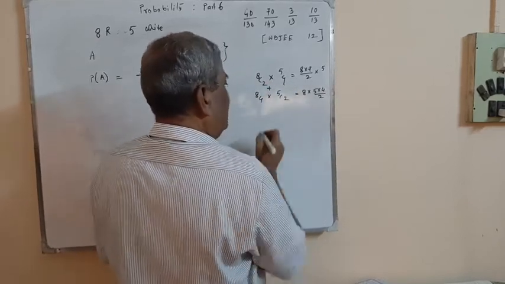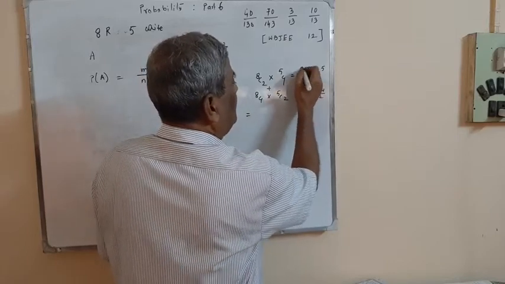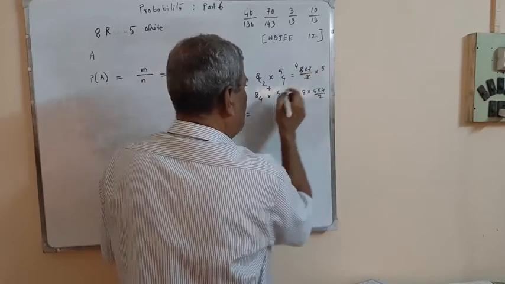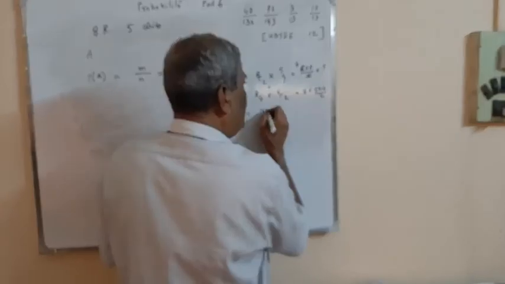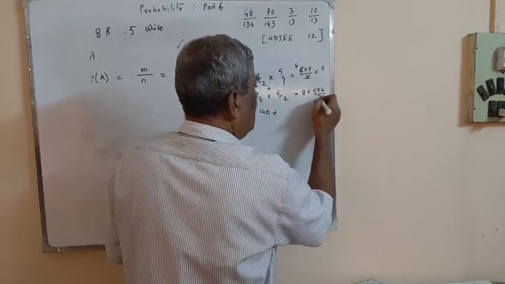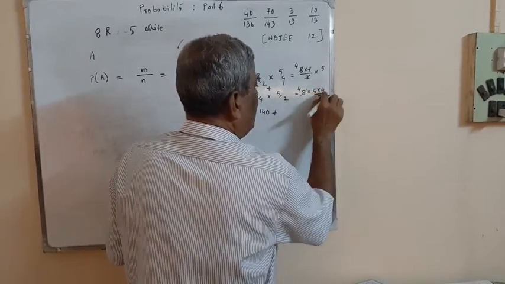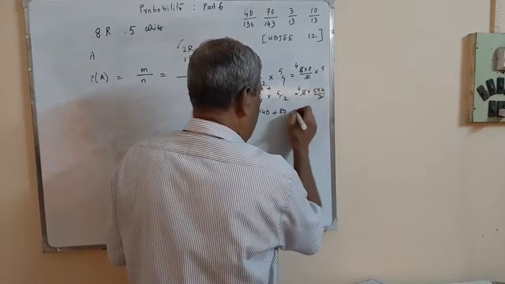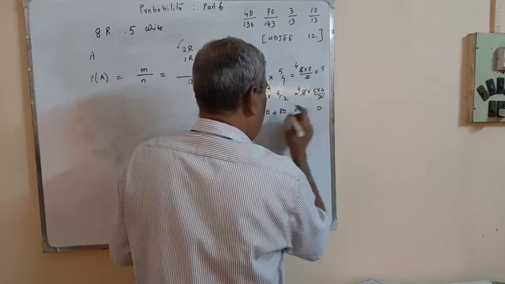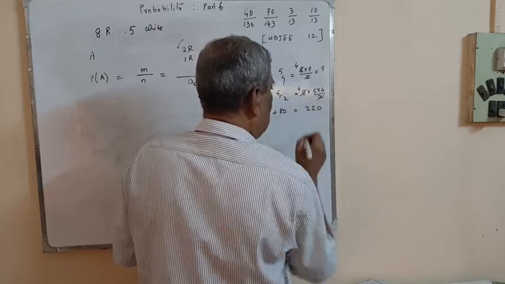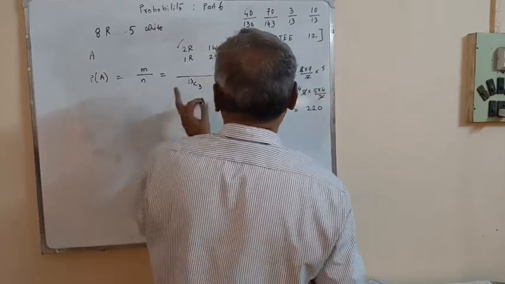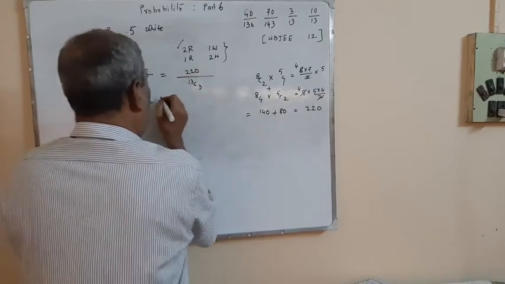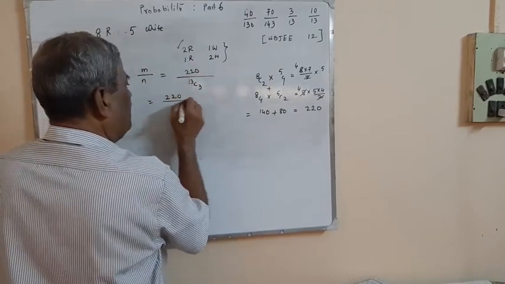So this plus that is equal to 28 into 5, so 20 into 7 plus 20 into 4. So that is 220, divided by that.